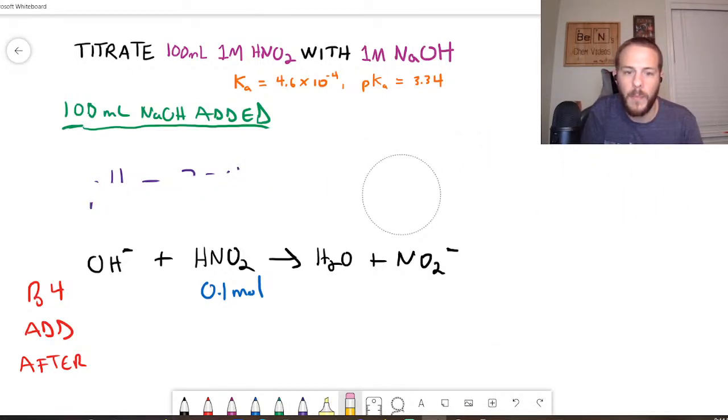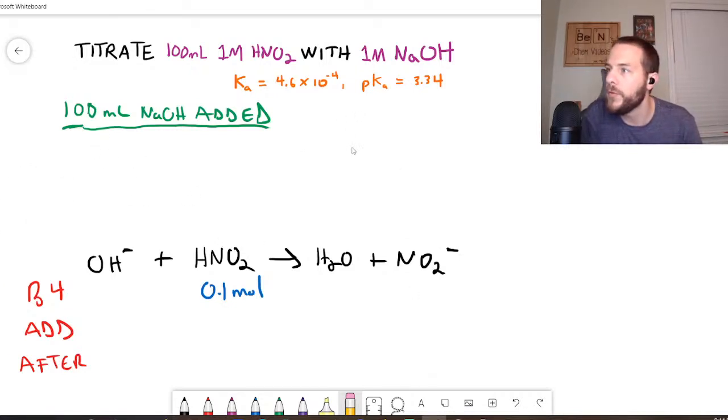All right. We have 100 milliliters of 1 molar sodium hydroxide. Let me ask you guys something in the chat. At the beginning of every one of these calculations, I always convert this volume of sodium hydroxide into moles, and it's pretty repetitive. If it's okay with you guys, I'd like to just jump to the moles of sodium hydroxide, in other words, do that conversion in my head. If the answer is no, that's fine, I can do them all by hand.